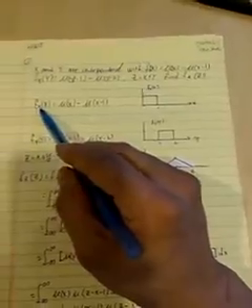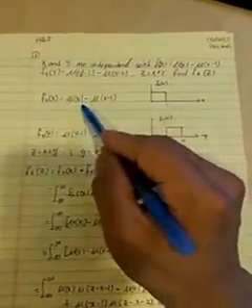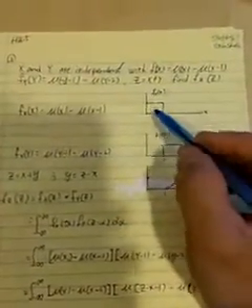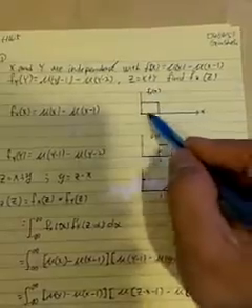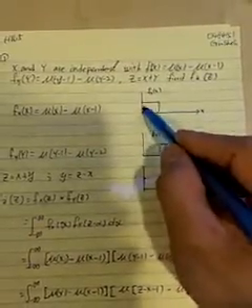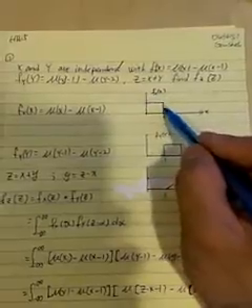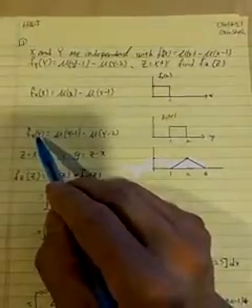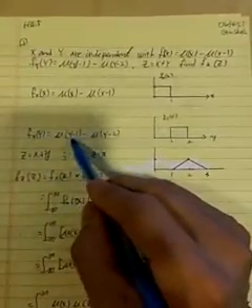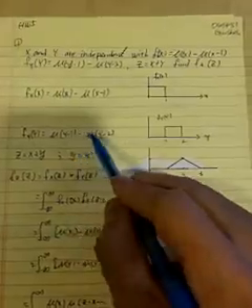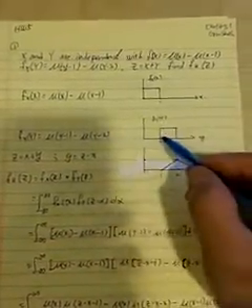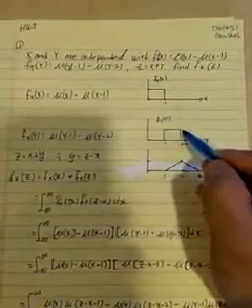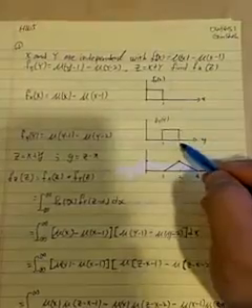The first one is f of x equal to u of x minus u of x minus 1, and in geometry it looks like this. Then f of y is u of y minus 1 minus u of y minus 2, which is here.